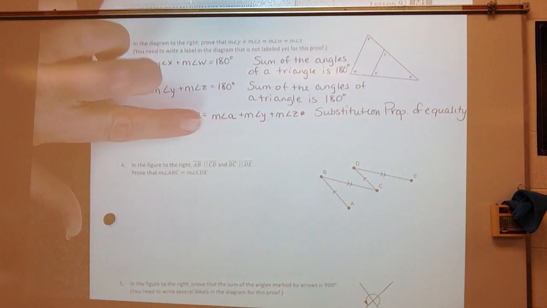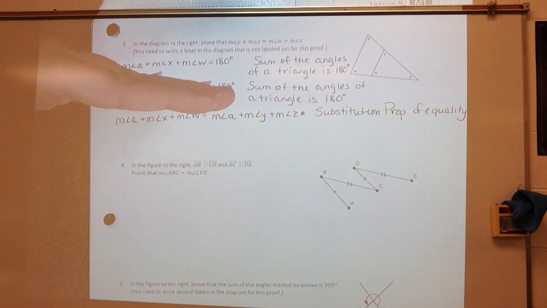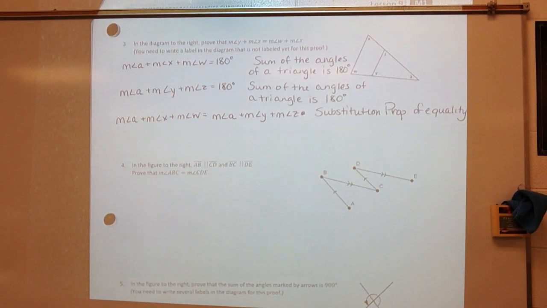I just substituted this part in for 180 degrees. Notice I'm working off of each step. The step that I'm writing works off the step before. All right, so now I've got substitution property of equality.